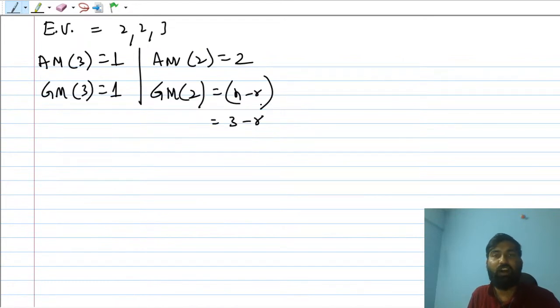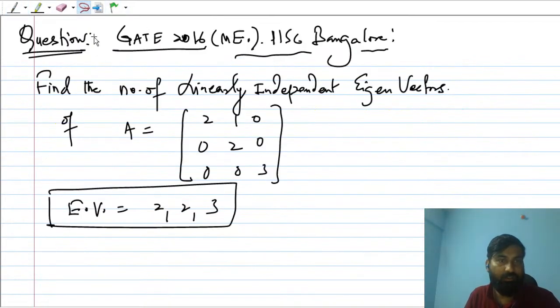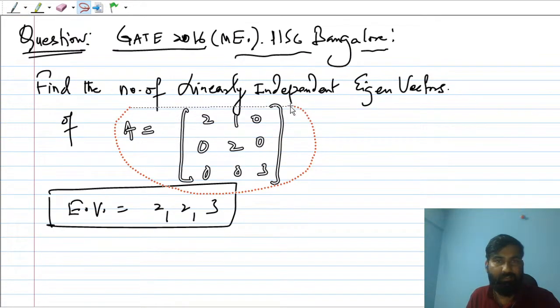Now, what is the value of r? As I told you, r is nothing but the rank of A minus 2I, because here lambda is 2. Now can we compute A minus 2I? A is given in the question; here I'm taking this.